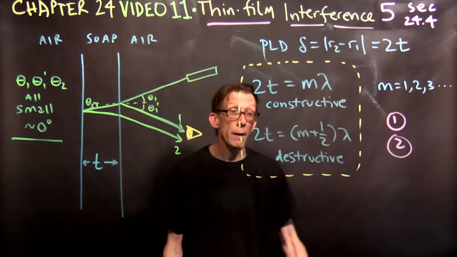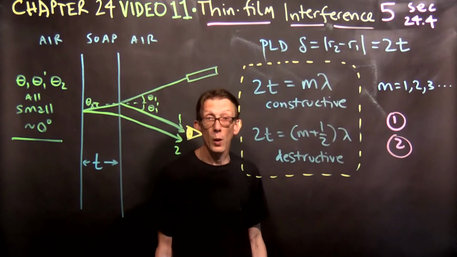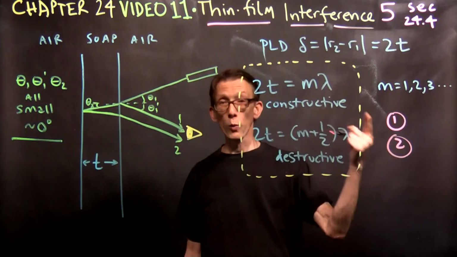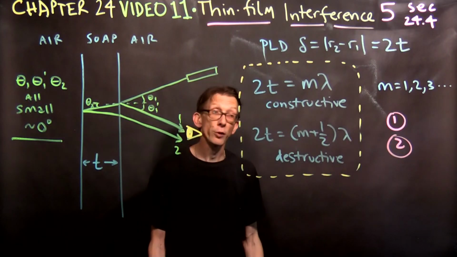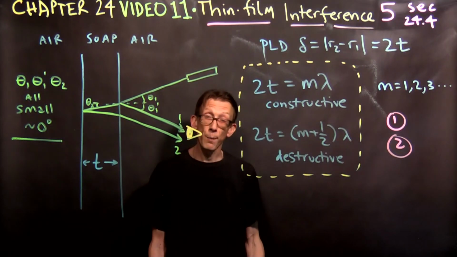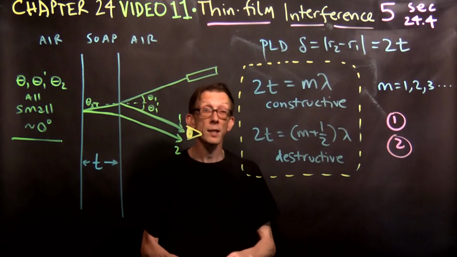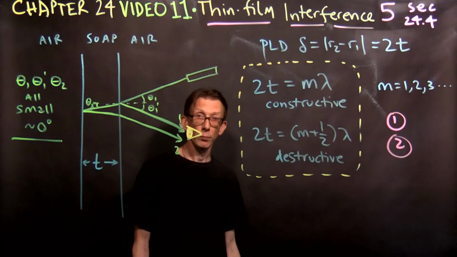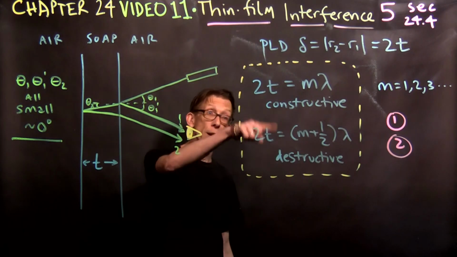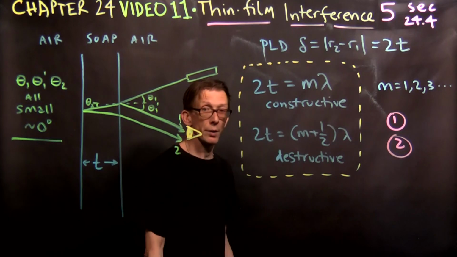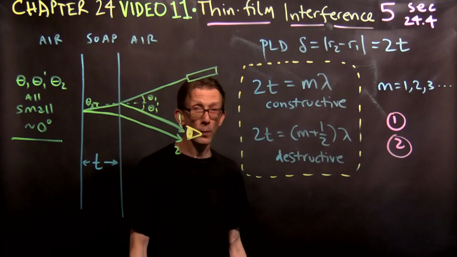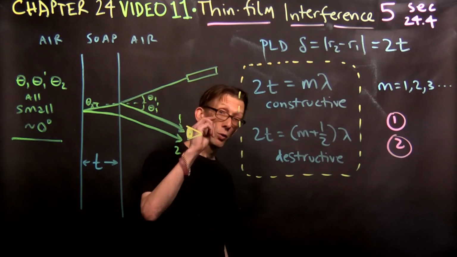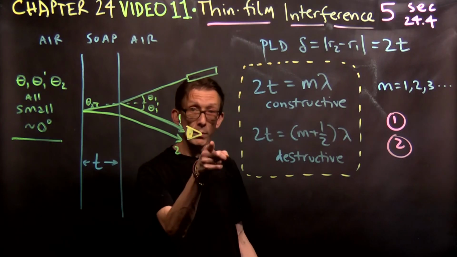We need to talk a little bit about phase shifts, and about the change of wavelength when light goes through a medium, the two topics of the last couple of videos. We need to take this apparent answer and tweak it to make it right. The dotted line around it means that it's not the final answer. We're going to adjust it two ways. Coming up.